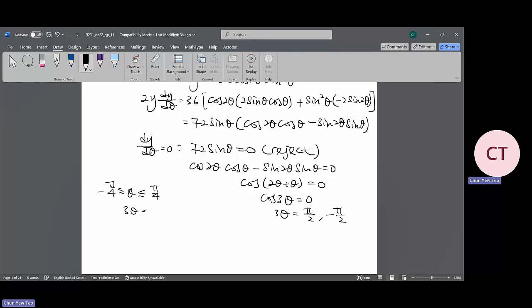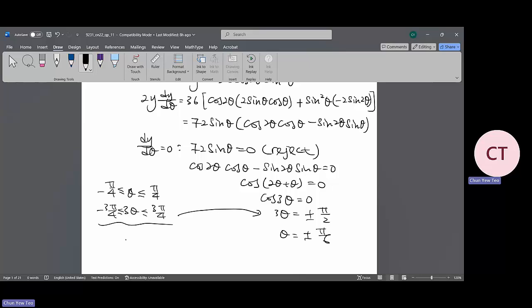So 3 theta will be 3 pi over 4 and negative 3 pi over 4. So your answer must be positive negative 3 pi over 2. Okay, so maybe we can combine them together, make it positive negative pi over 2. So your theta is equal to positive negative pi over 6.